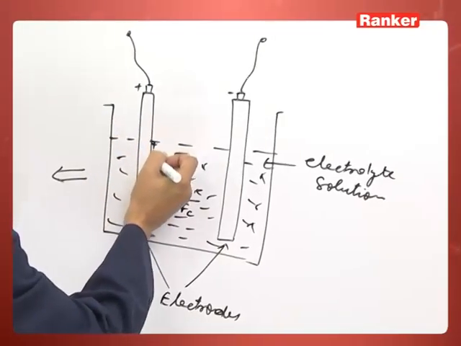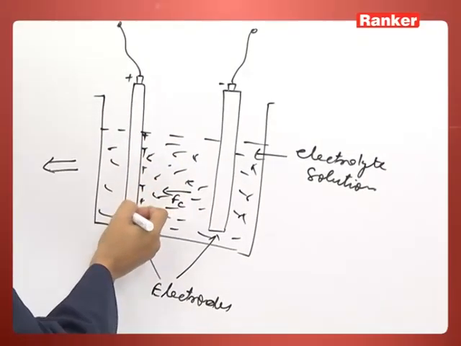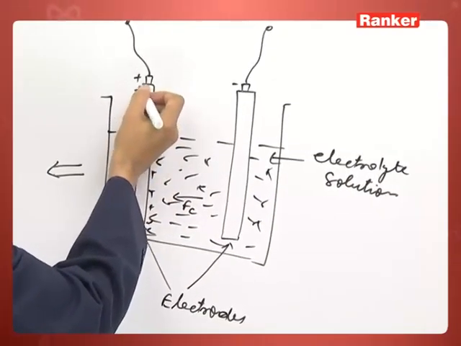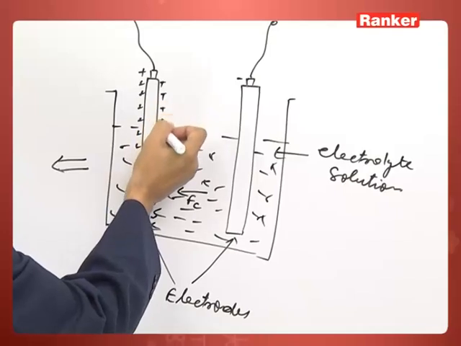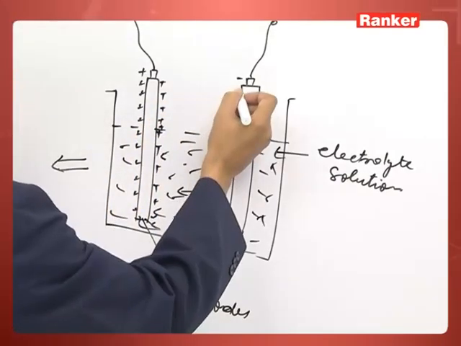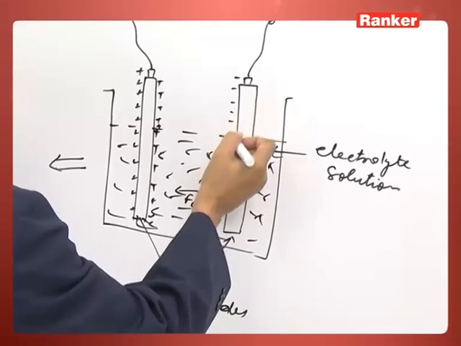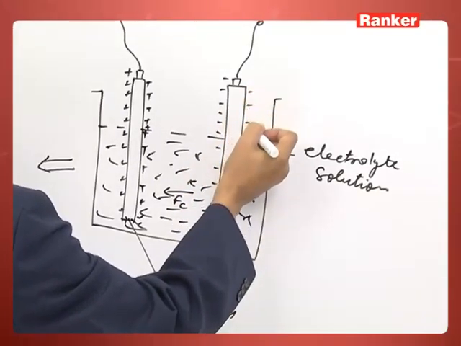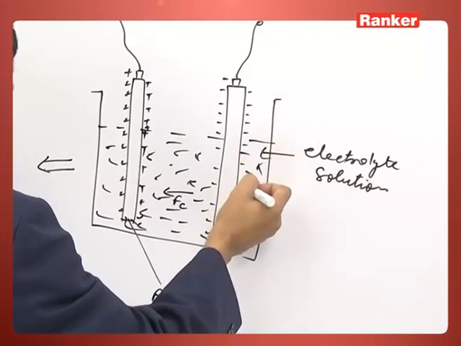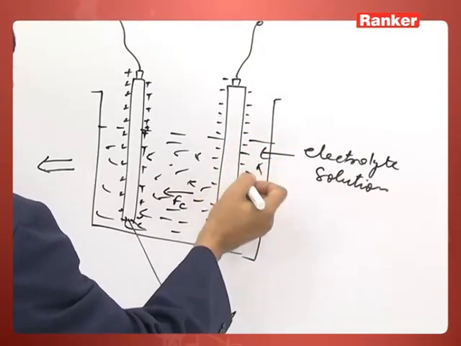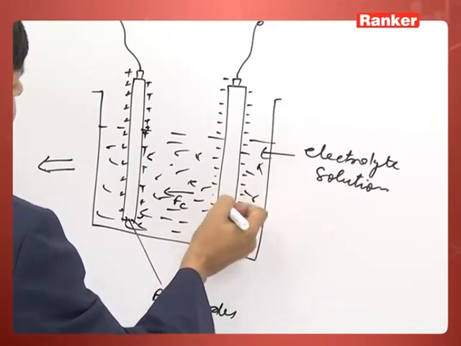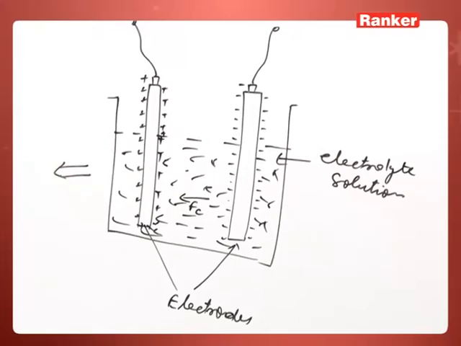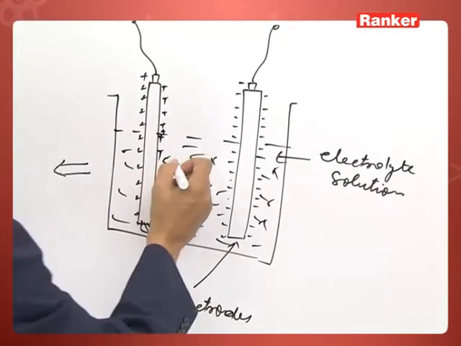In one of the electrodes positive ions accumulate, and in another electrode negative ions accumulate.